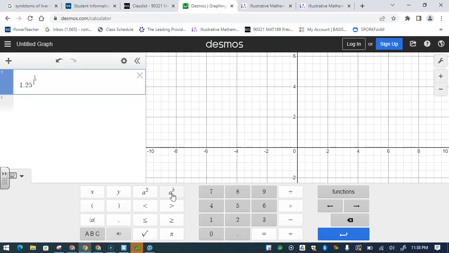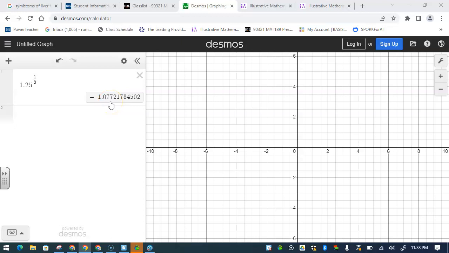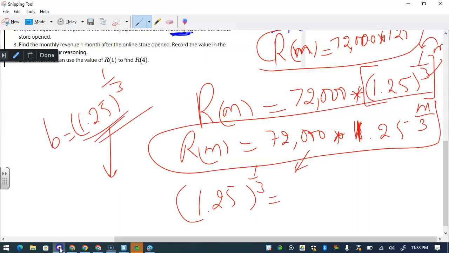So 1 divided by 3, and you get the answer. That's the factor, 1.0772. Let's go back here.